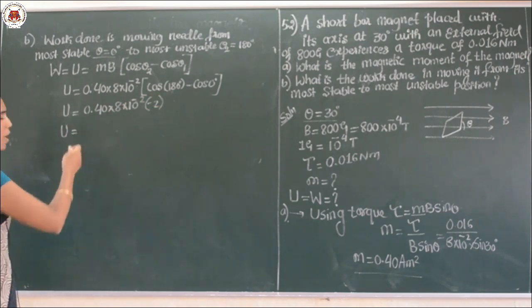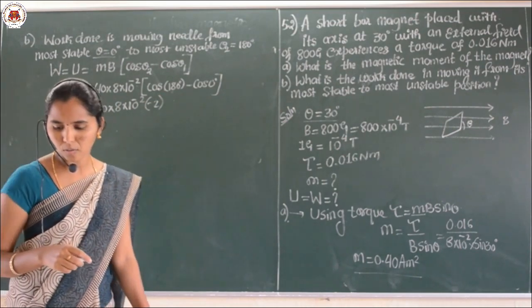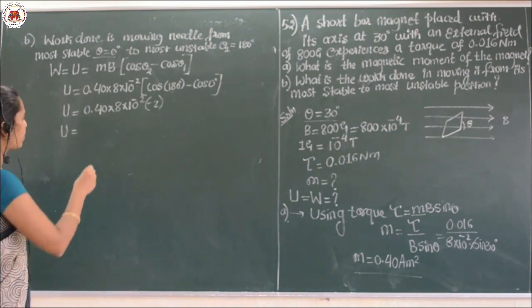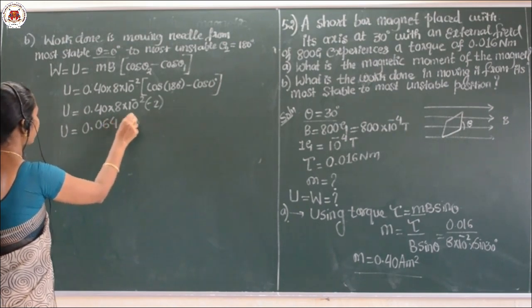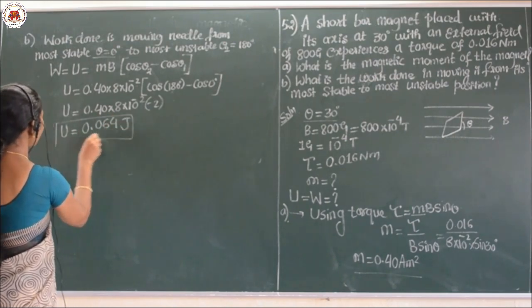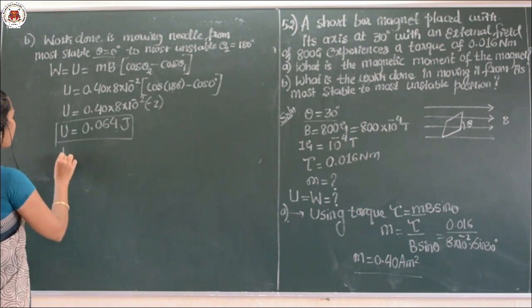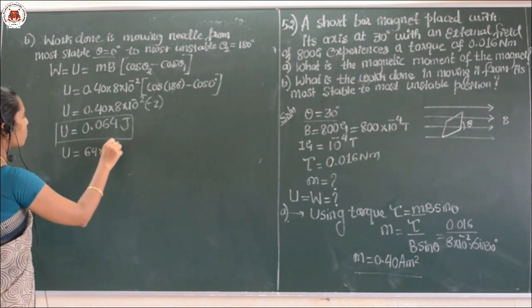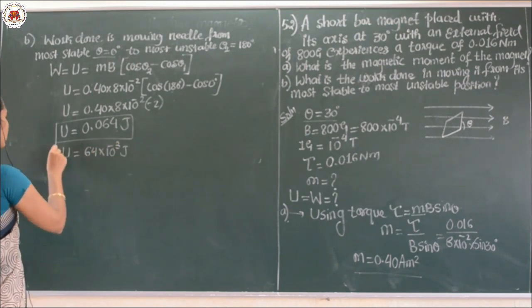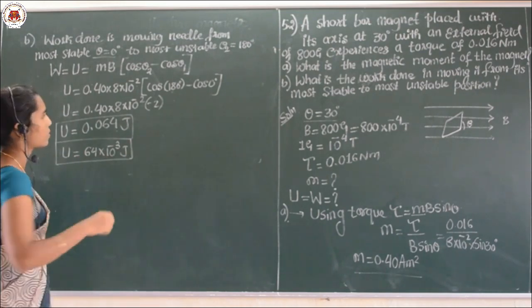When you simplify this, the answer you are going to get, that is 0.064 joules, or U is equal to, you can still simplify this. So, 64 into 10 raised to minus 3 joules, this is also your answer.